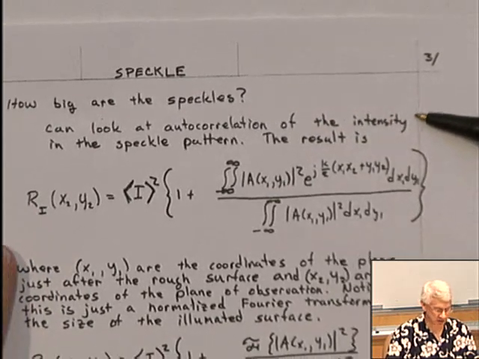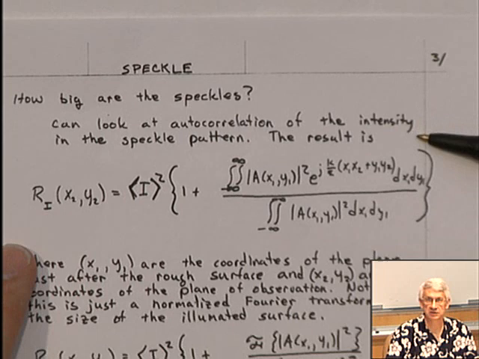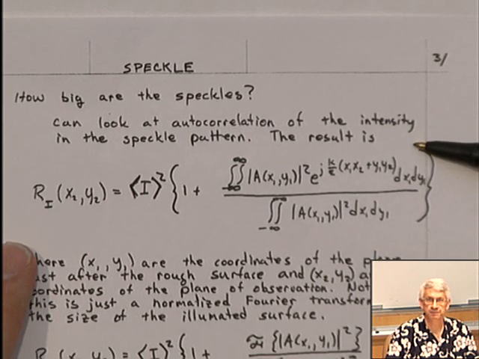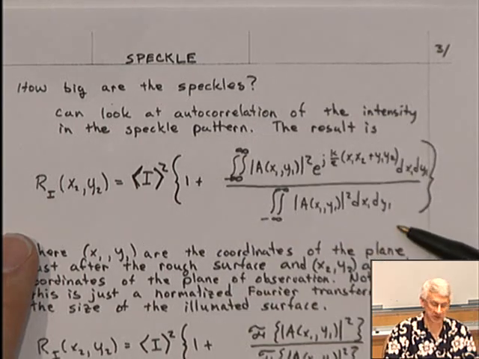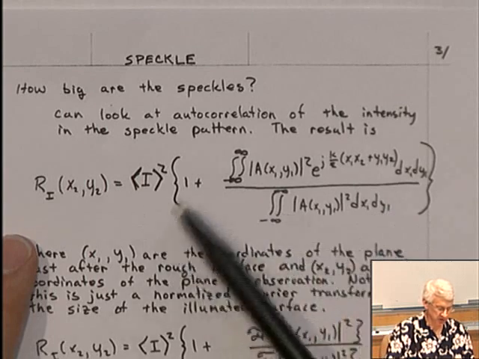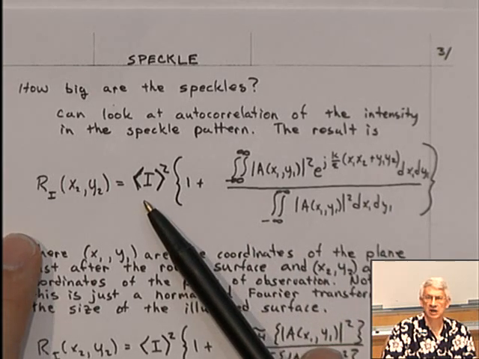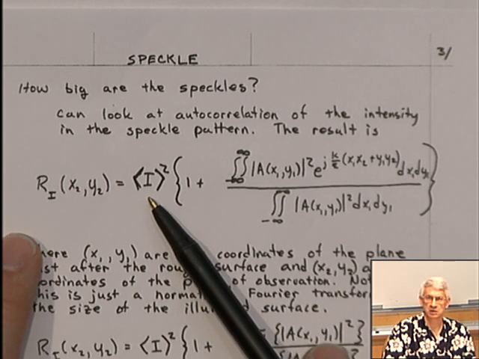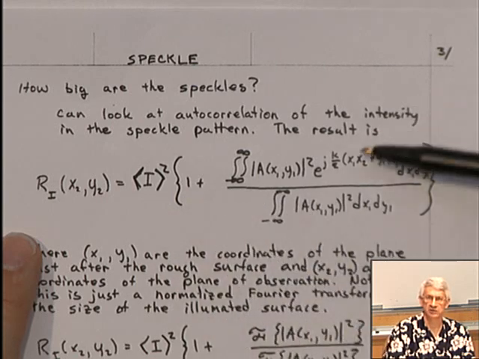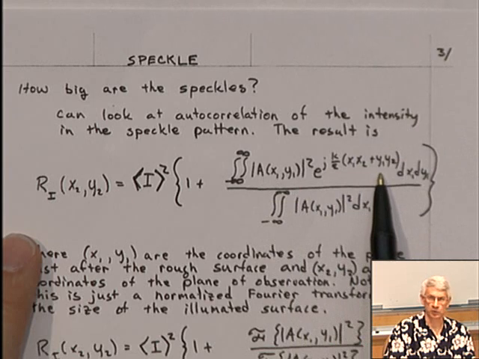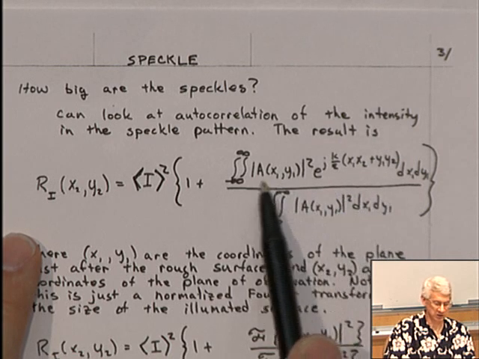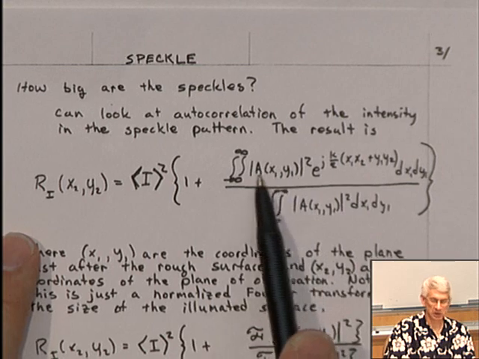Well, it turns out that if we take the autocorrelation of the intensity in the speckle pattern, the result is, and again, this is the part where we're missing the statistical background to really go through the details, but the result is that it's the average irradiance squared out in front times 1 plus the ratio of the Fourier transform of the unspeckled illuminated area.